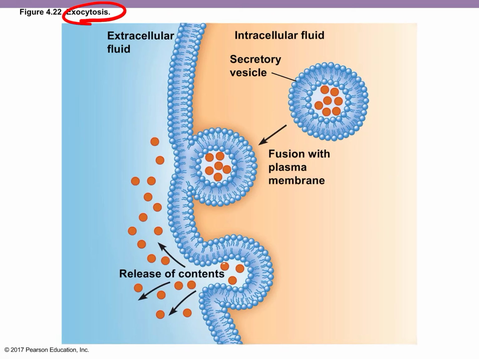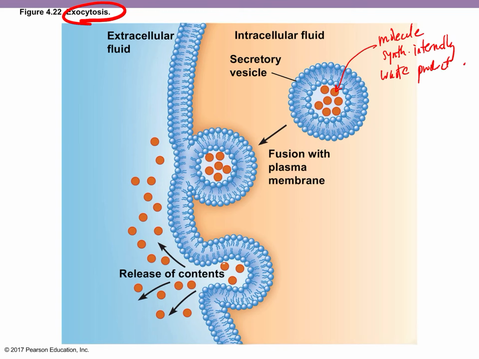All right. Exocytosis is just the opposite of endocytosis. So we'll have some kind of molecule that wants to be secreted from the cell, right? So this is a molecule that's made, maybe synthesized internally, or it could be a waste product from metabolism.